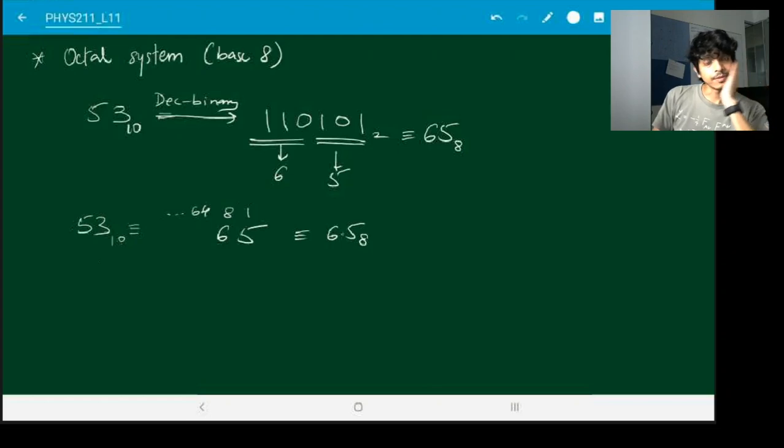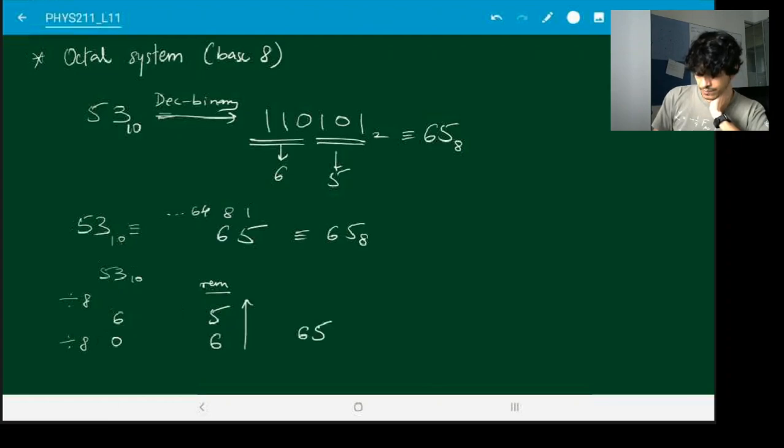Or you use the double dabble method. So you take 53, divide by 8, you end up with 6 and the remainder is 5. Now you divide again by 8, you get 0 and remainder is 6. So going upwards, this is 65 in octal.